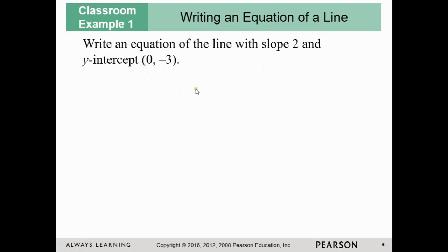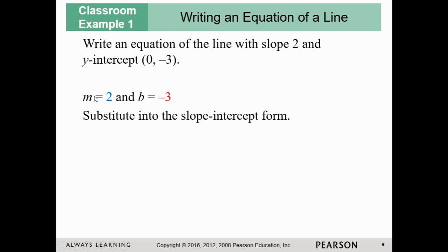So what we do here is we're going to use y equals mx plus b, and we determine that the slope is m equals 2, and based upon this, the y-intercept here, b, is -3.